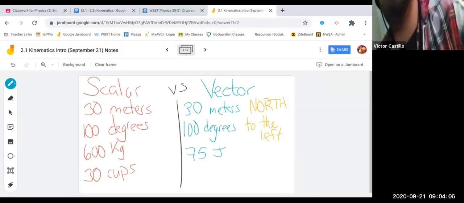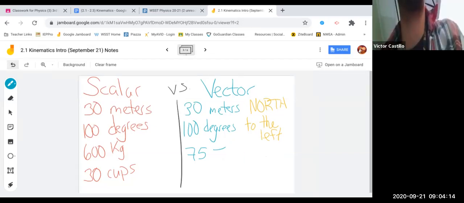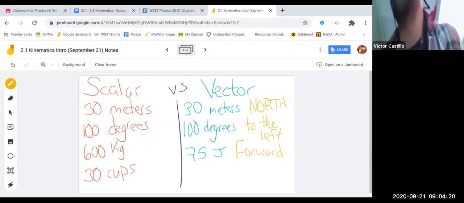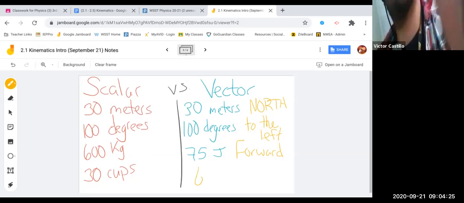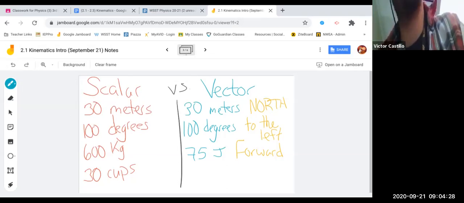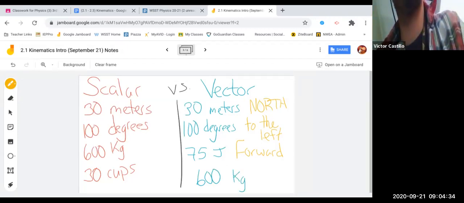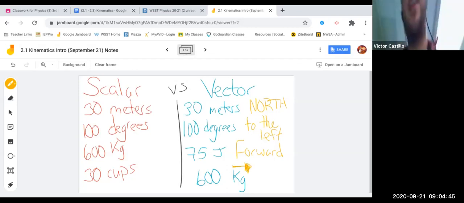Joules is energy. Well, 75 joules of what? 75 joules forward. And let's do the last one, 600 kilograms, with an arrow on top. And automatically that arrow tells you that it's a vector. Like that.